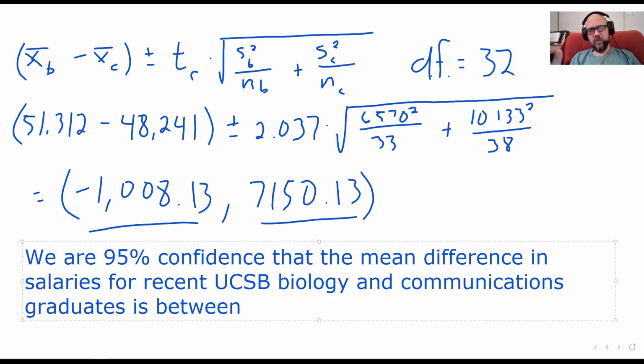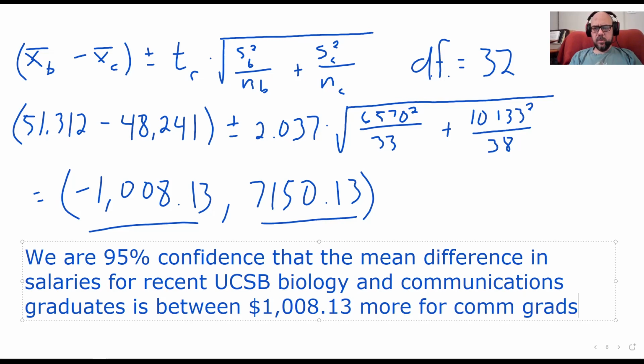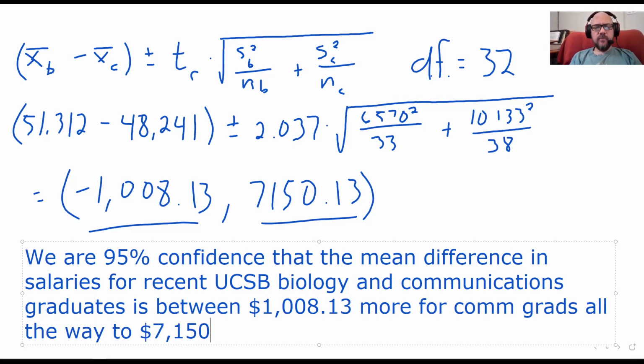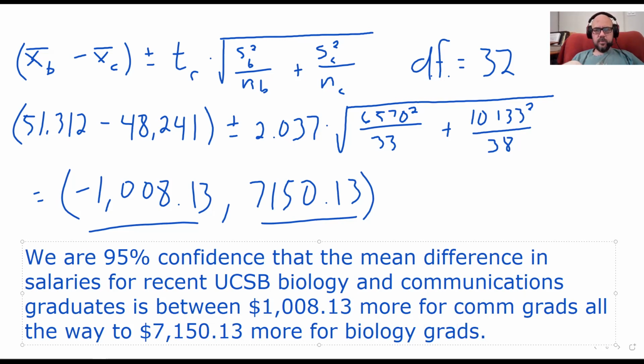I don't really want to say negative here. I really want to say between $1,008.13 more for communications grads, all the way to $7,150.13 more for biology. Yeah, something like that, right?